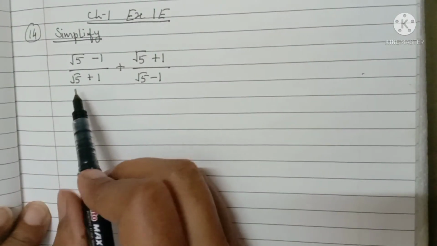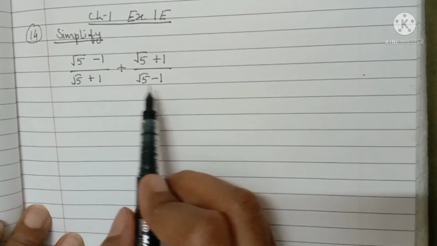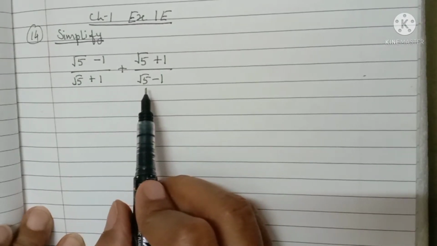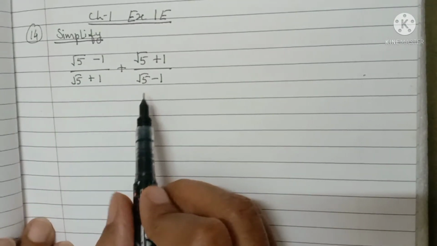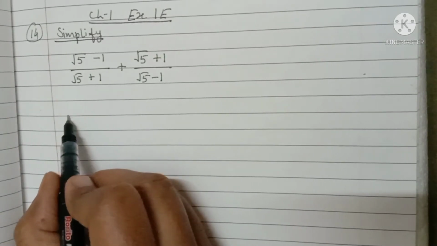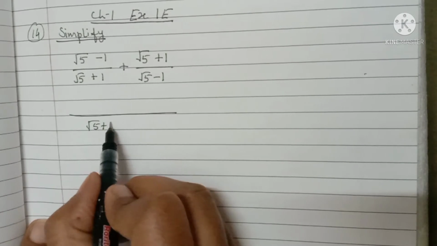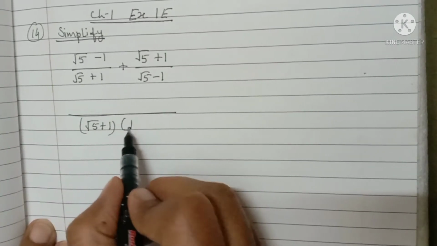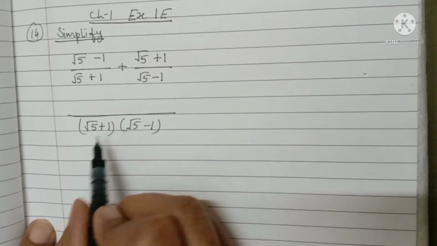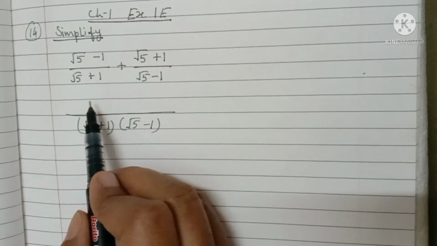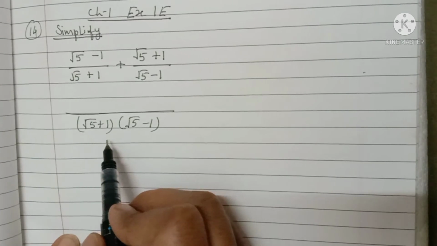Now simplify. Here in the denominator the rationalizing factors of each other are given, so we only have to take the LCM. So the LCM is under root 5 plus 1 and under root 5 minus 1. Now solve as you learned how to solve fractions. The same method we will apply here.